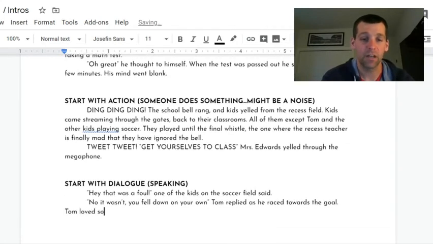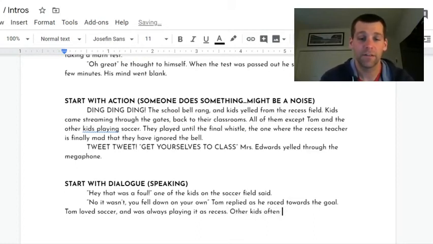Tom loved soccer and was always playing it at recess. Other kids often fell down or looked kind of silly as he raced by them.